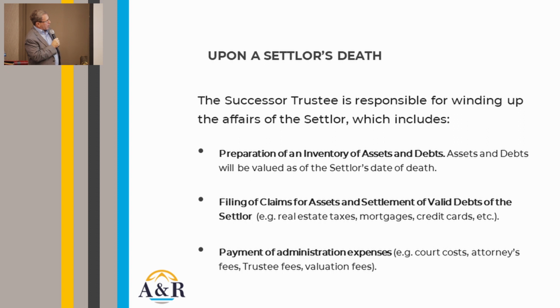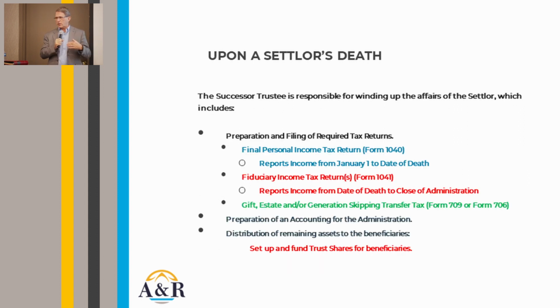We talked about the tax forms that need to be prepared. The thing that really is helpful that we do, and I don't think a lot of trustees would want to do this on their own without our help, is we prepare an accounting to show, from the date of death until distribution, where every dollar goes.